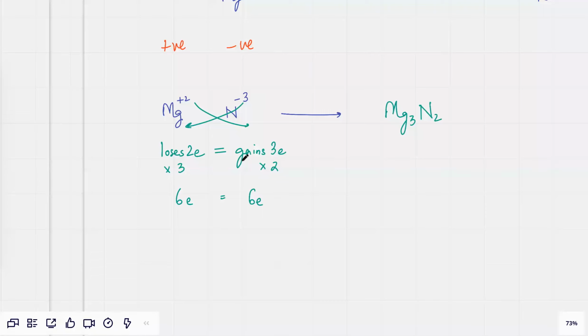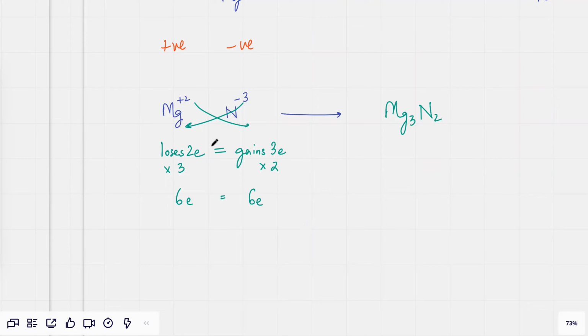But the simple thing is you don't have to discuss this. The shortcut is just bring the 3 over here and the 2 over here. This thing would sort itself out. You just have to do crisscross. It's for confirming the answer.